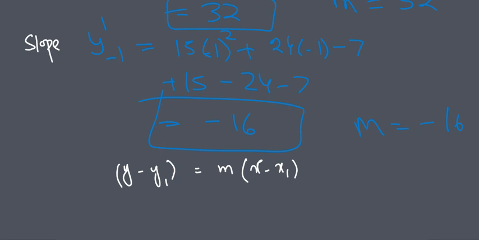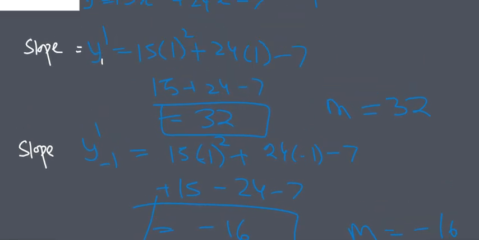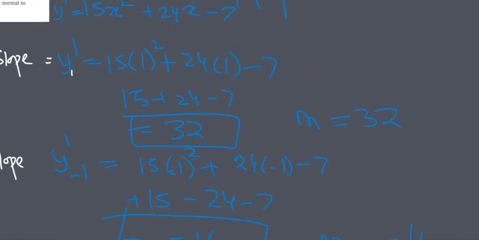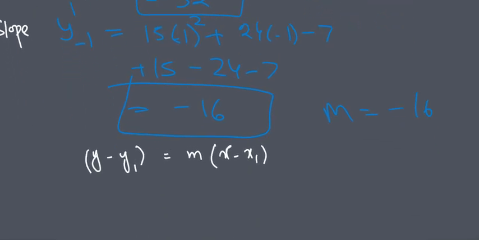You still have to calculate y1 when x is 1 and y1 when x is negative 1. Then you have to substitute those values and their corresponding slopes, and then you will be able to get the equation. Are you getting my point? Yeah, so please try to calculate that.